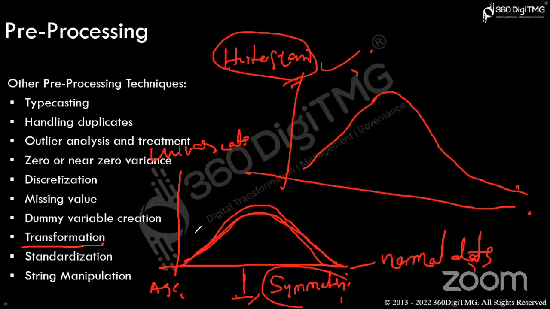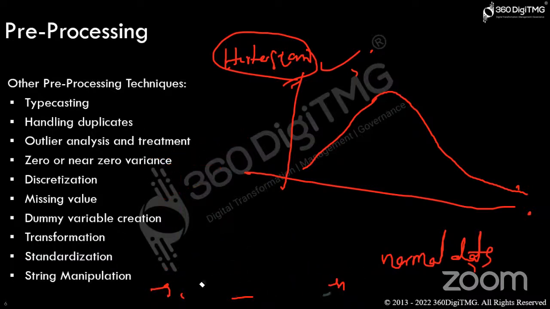Whenever your data is spread in a bell-shaped curve, it is called normal data. If it is not normal data, how can we decide if it is right skewed or left skewed? Other than the bell-shaped curve, if you have any other form, it is called non-normal data.